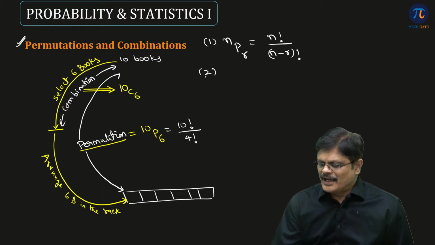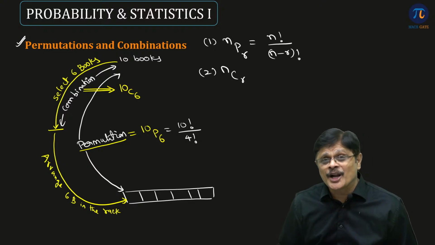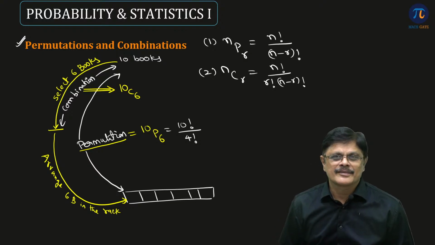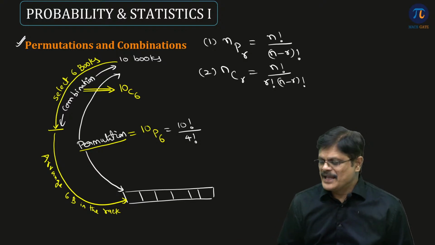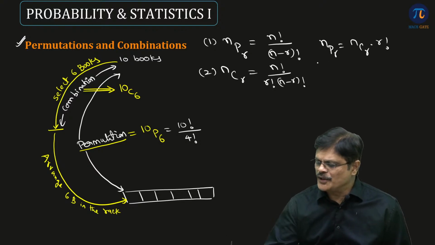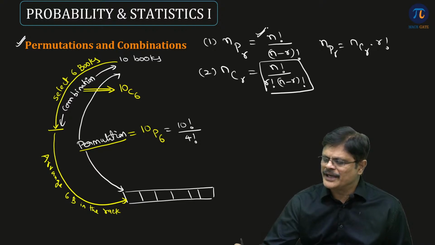And the number of r combinations of n objects, that is, the number of ways of selecting r objects out of n objects, is given by the formula n factorial by r factorial into (n minus r) factorial. So that is nCr. Actually, if you take nCr and multiply by r factorial, you are going to get nPr.